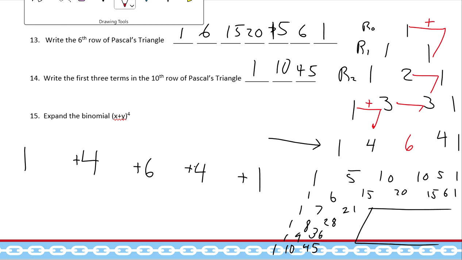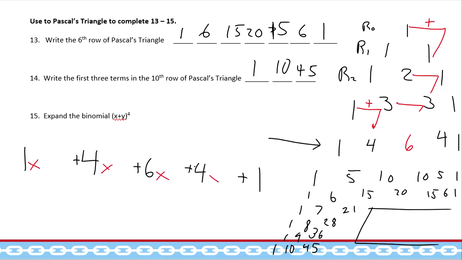The other part of the binomial expansion is we have to pass out the x's and the y's from our original binomial. So they're all going to have an x with different exponents. And we're going to start at the 4 because this whole thing is to the fourth power, and we decrease our exponents by 1 all the way across.